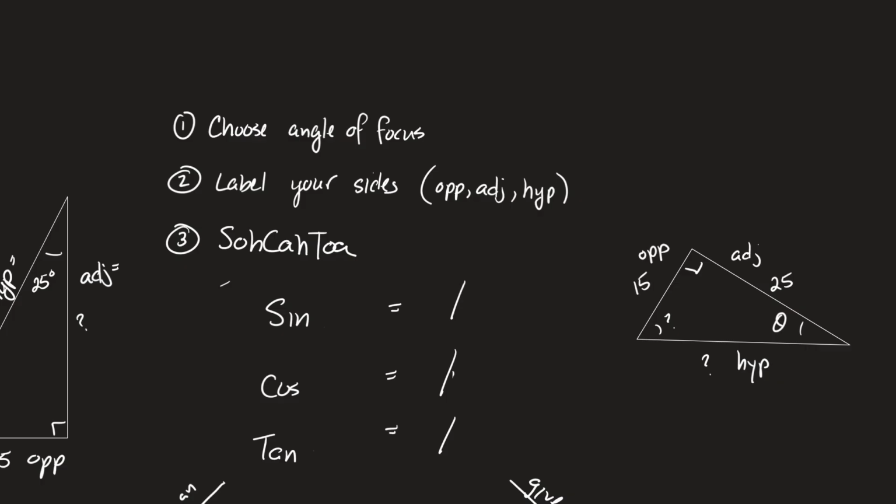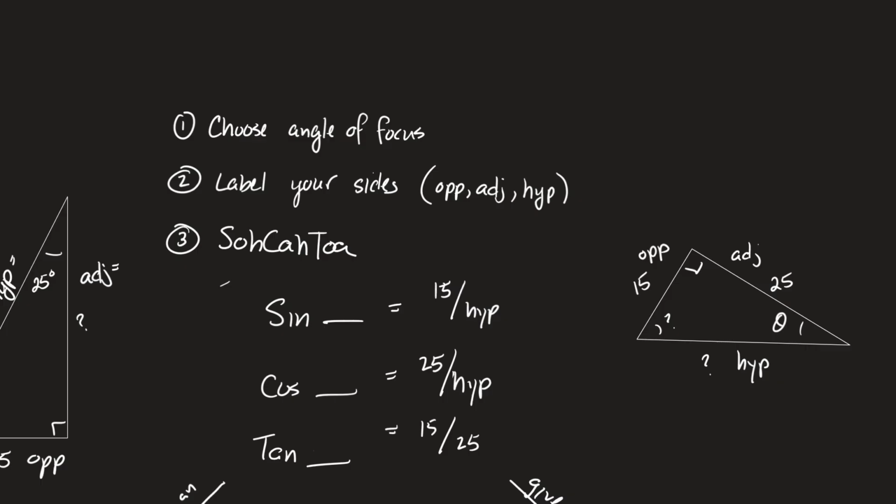This time I don't have the angle, so I'm just going to leave it blank. I could write theta there, but I'm just going to leave it blank. Is that okay with you guys? All right, opposite over hypotenuse, adjacent over hypotenuse, and then opposite over adjacent.